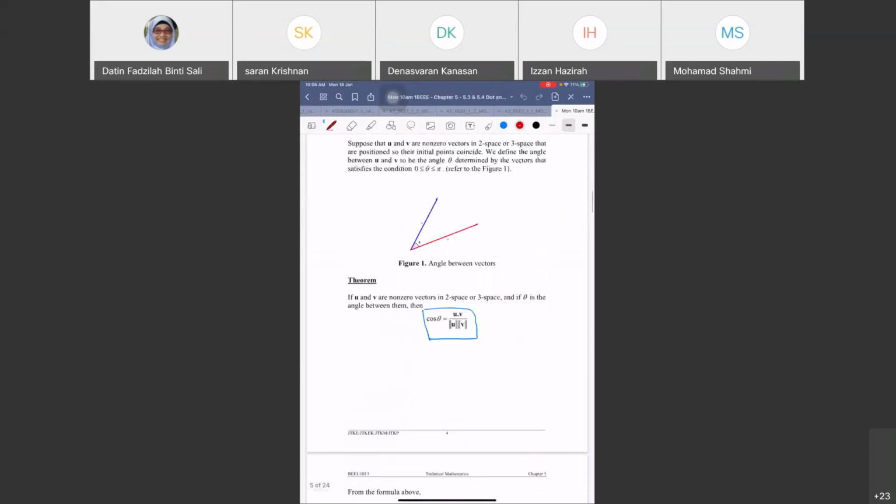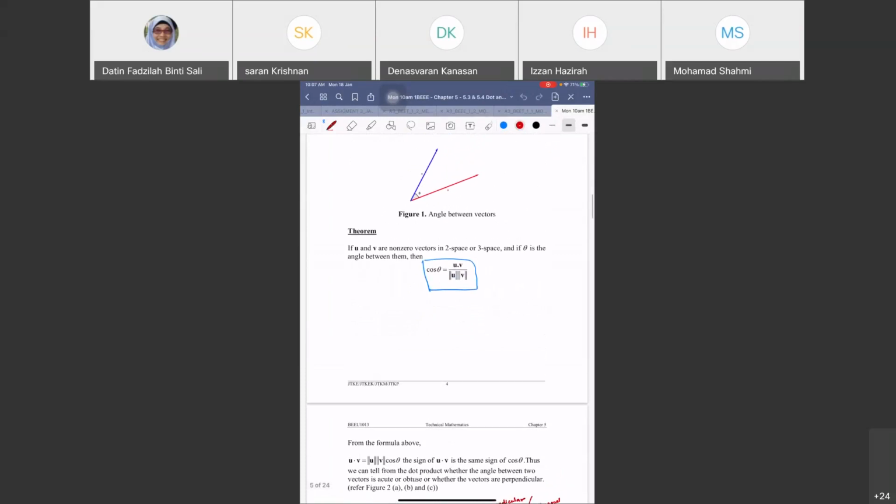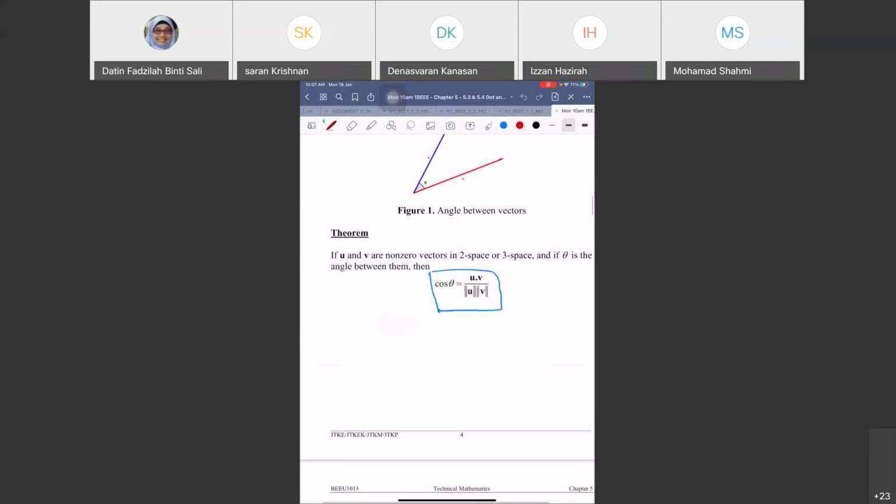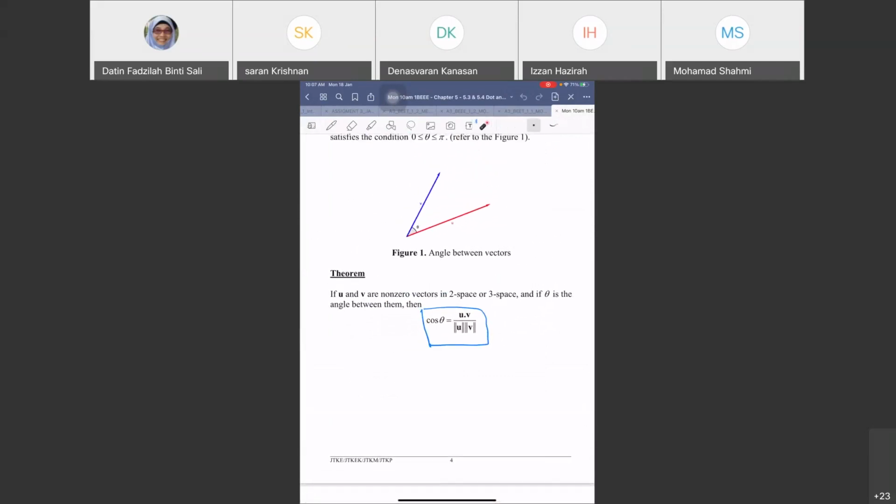Then we also talked about the definition of the dot product itself, which involves an angle, in terms of geometric interpretation. You have two vectors where the initial point for both vectors coincides, so there is an angle in between.